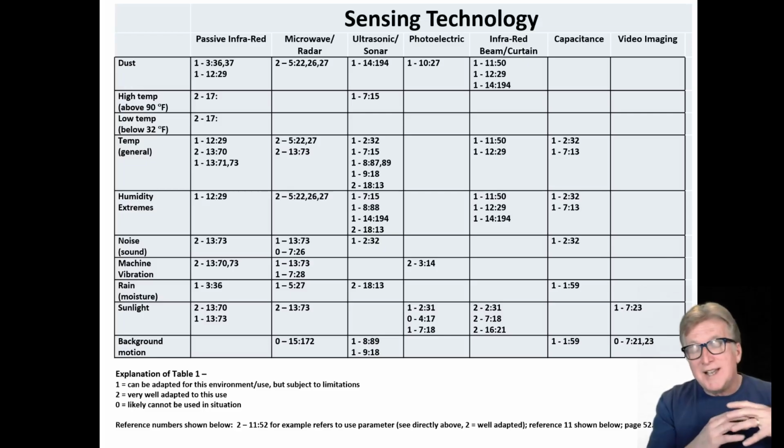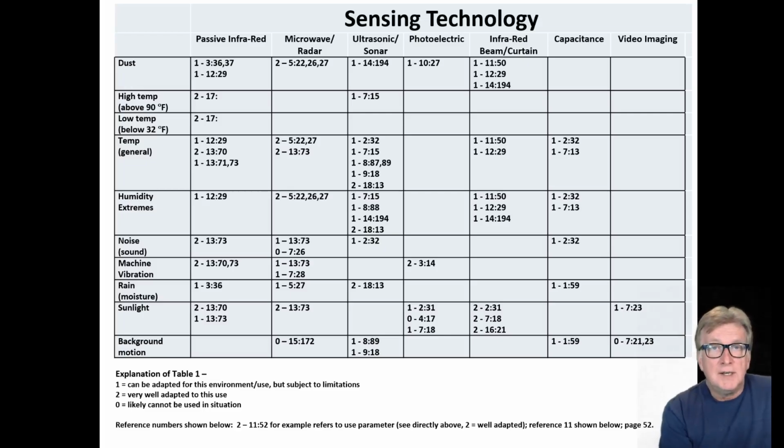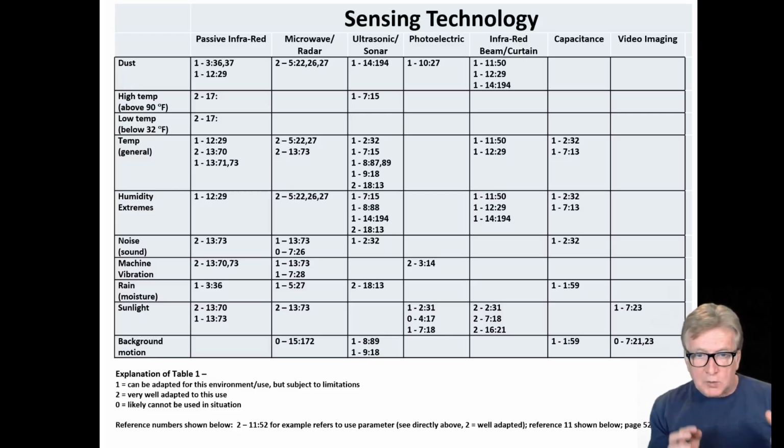So dust, temperature extremes, humidity, noise, things like ultrasonic is obviously sensitive to noise, contamination or noise maybe fooling a system, vibration. We wanted something that would withstand moisture, rain, sunlight, background motion. So obviously, if you've got a video image and you're looking at the presence of a person walking in, but you've got a bunch of stuff going on in the background, that's not going to work very well.